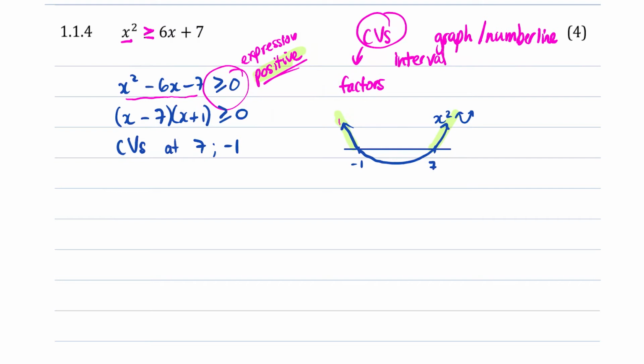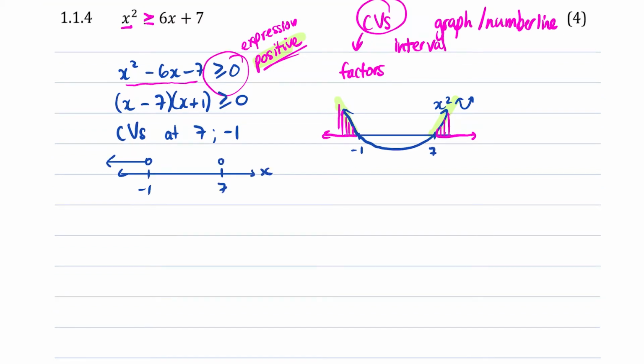So I'm choosing the x values less than negative 1 and greater than 7, because that produces positive outputs, and that's what we wanted originally. So now that I see that, I'm going to draw a number line here to make sure I understand: x is less than negative 1 or x is greater than 7.